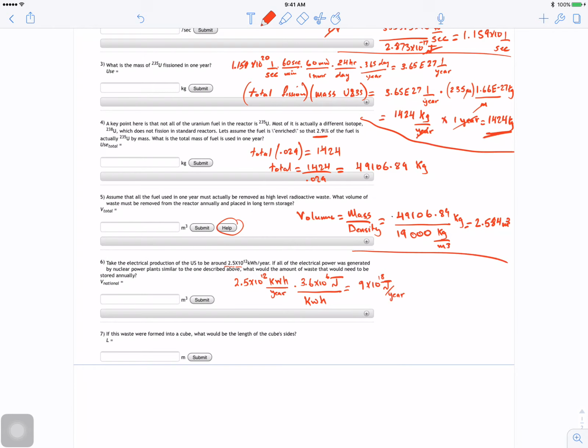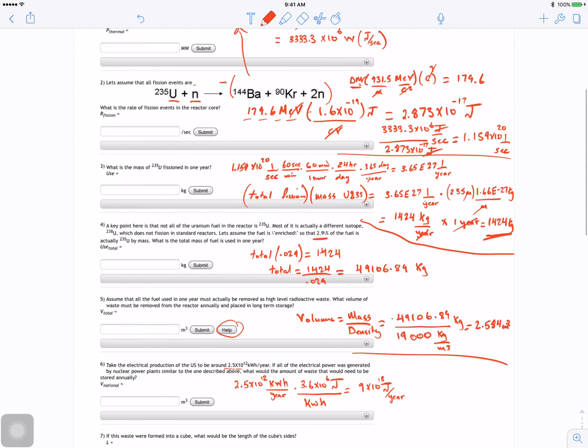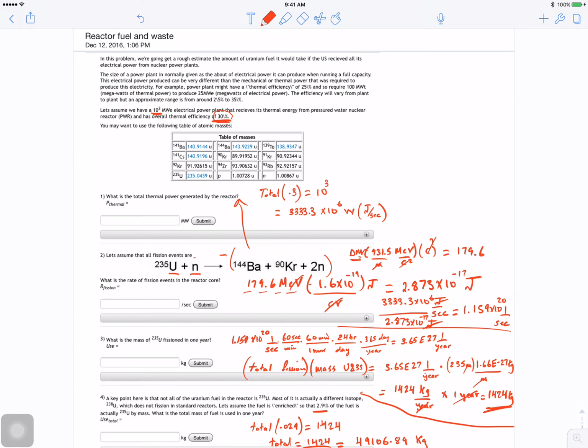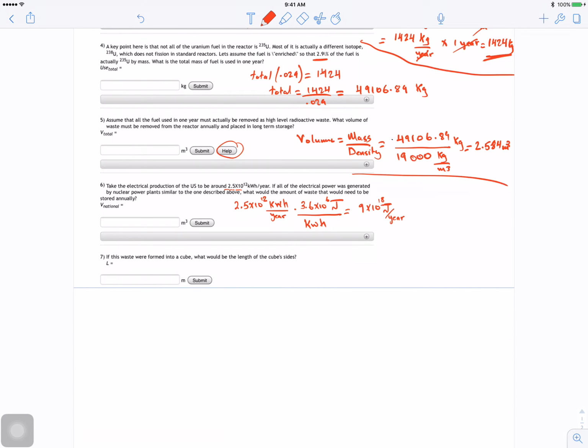There is another 70% that's going to waste, because it's not as effective. The nuclear power plants are only 30% effective, as they told us in the question here. So this is just what they give us, not how much they actually burn. So the waste is going to be way more.